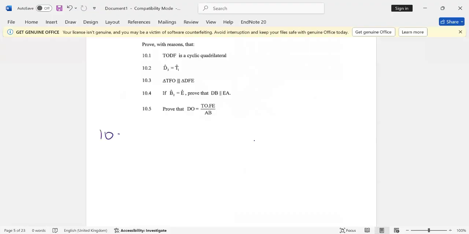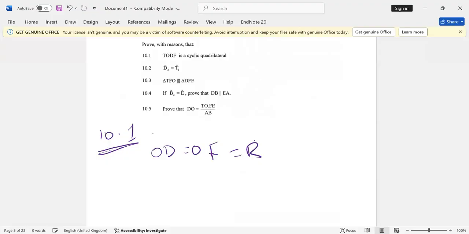So let's prove it with reason. 10.1. So we have to prove that the sum of opposite angles is 180 degrees. So OD equals OF, that is equal to R. Okay. So this is given that AO is perpendicular to CE.